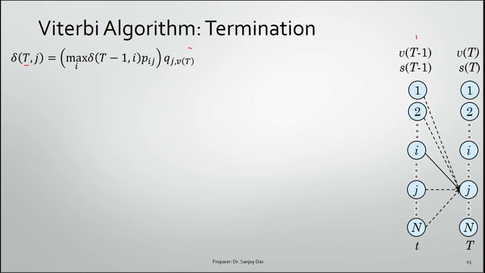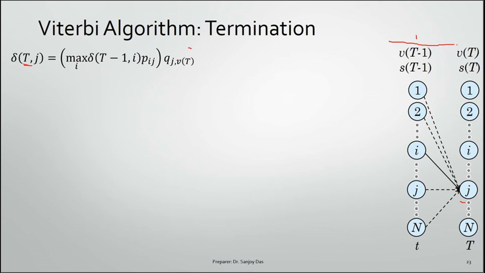The most likely state sequence until t minus 1, and the probability of being in state Sj at time step t and emitting the entire output sequence until v of t. So that's what delta tj is.